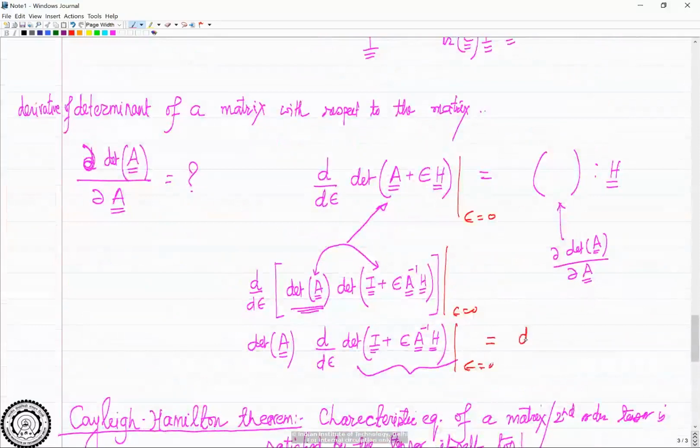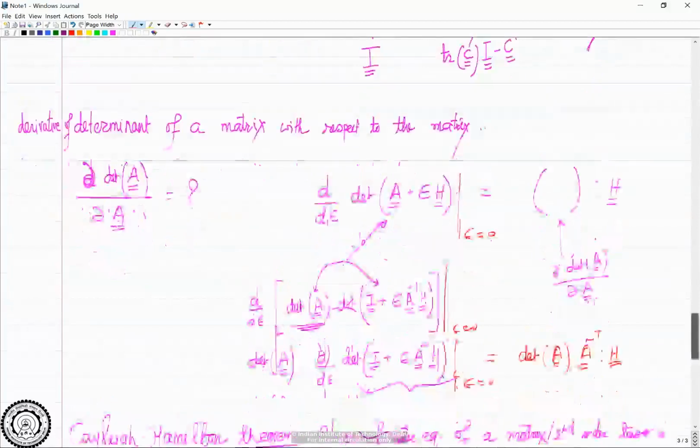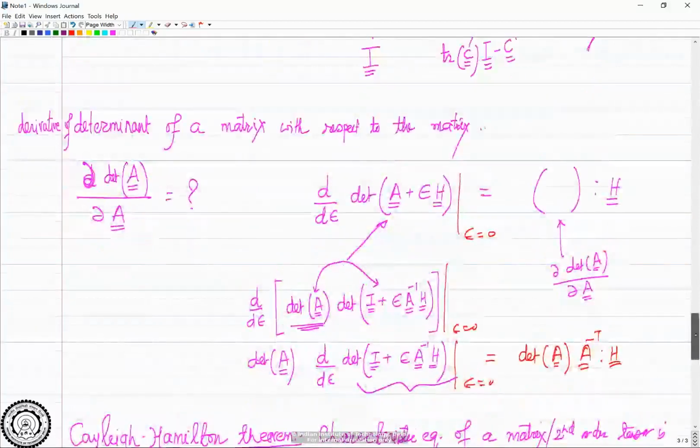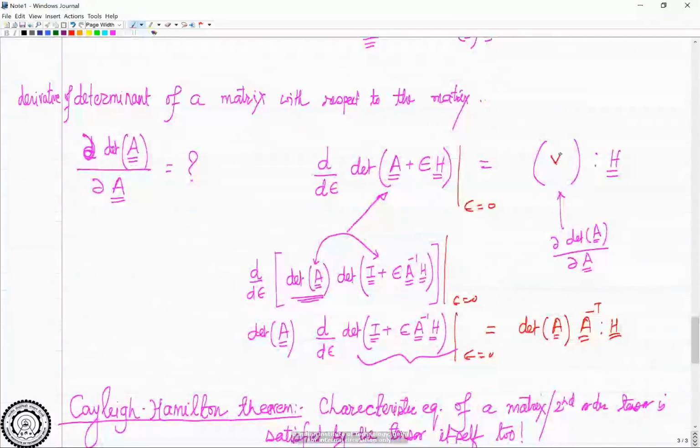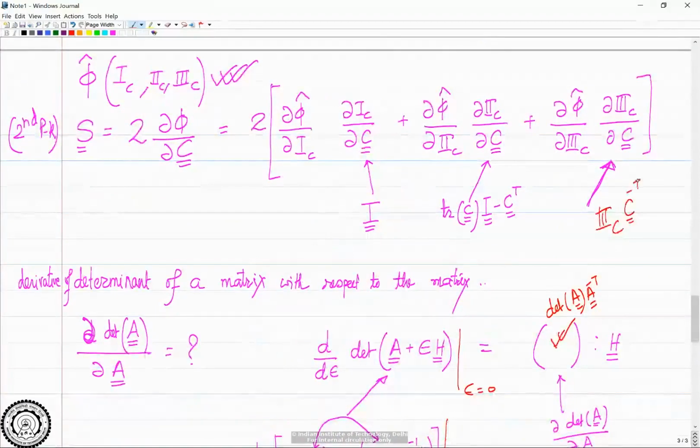So this becomes determinant of A into A inverse transpose double contraction H. Okay, so you can see that this thing over here is determinant of A into A inverse transpose. So finally this is then 3C into C inverse transpose.